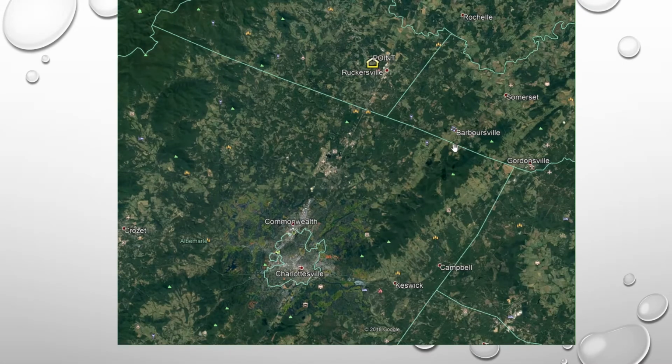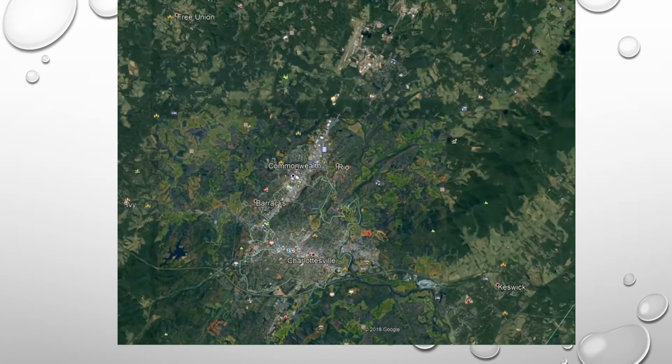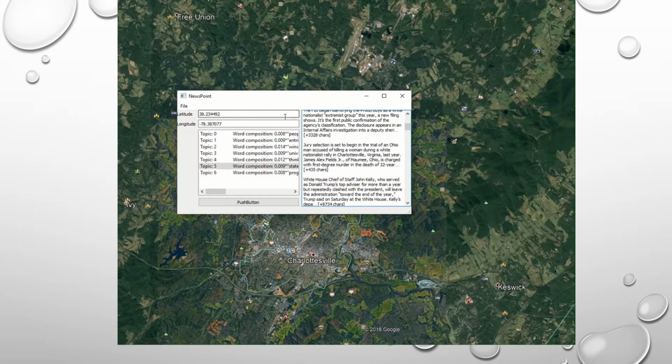Okay, this is a live demo of Newspoint. I chose a point in Virginia at random near the city of Charlottesville. And these are the results from the Newspoint interface. The point gave me about 1,100 recent articles within the last 25 days, which we have clustered based on our model described earlier.